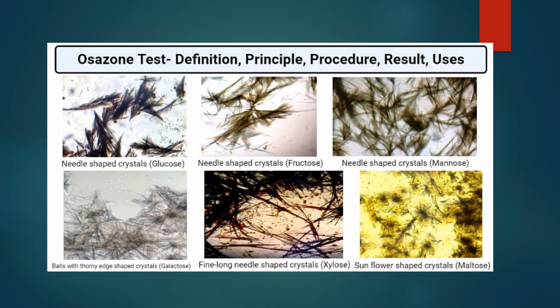And so on. You can see the different shapes of different reducing sugars: lactose, xylose, maltose, mannose. They all have different shapes of the osazone crystals and also different formation time. I hope this is all clear, and we'll go into test number 2, which is the iodine test.